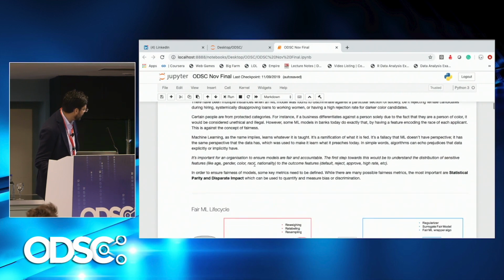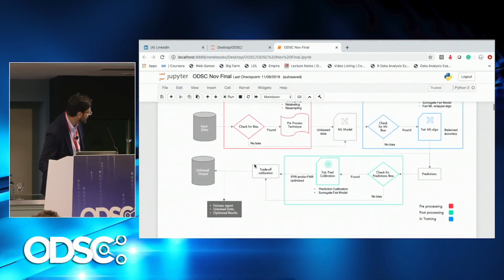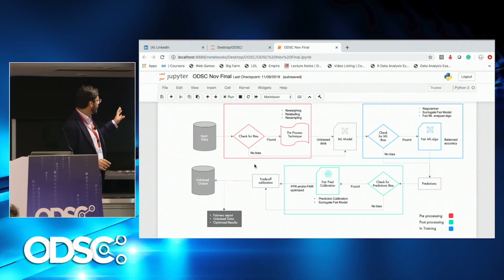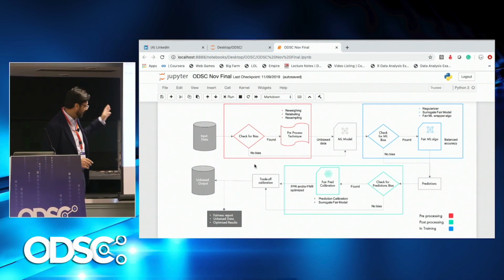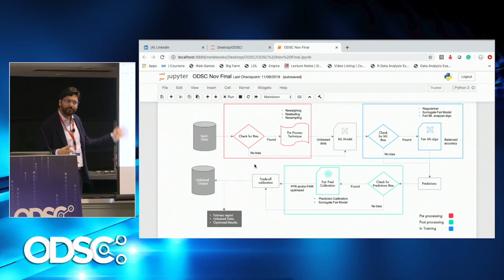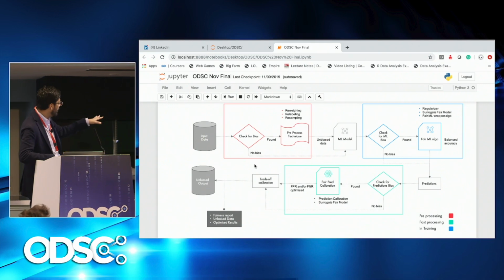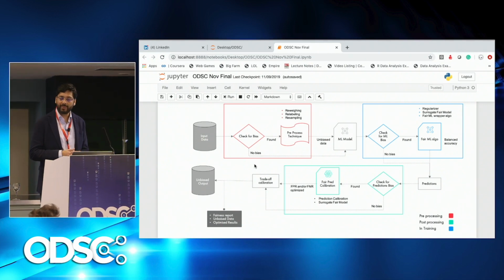So what we'll do is, we saw this data science lifecycle. I'll repeat. We have this input data. We check for bias in input data. If we find bias, we use some pre-processing technique to remove bias. If not, we do our feature engineering, data cleaning, and move to the ML model. Now, the very interesting thing is, when do we check for bias here? Do we check for bias on raw data or processed data?